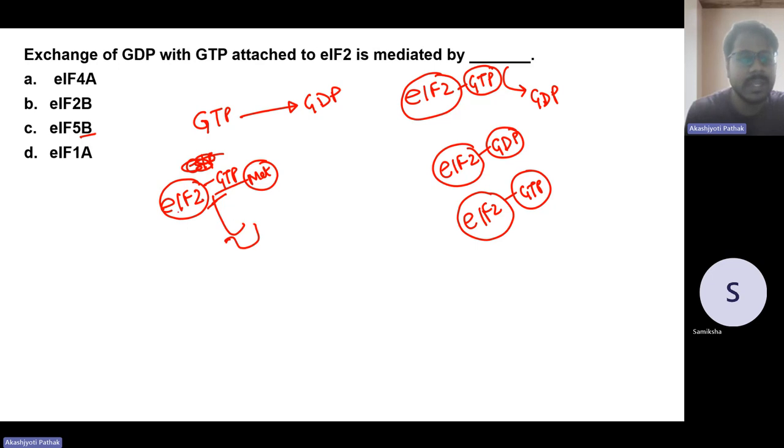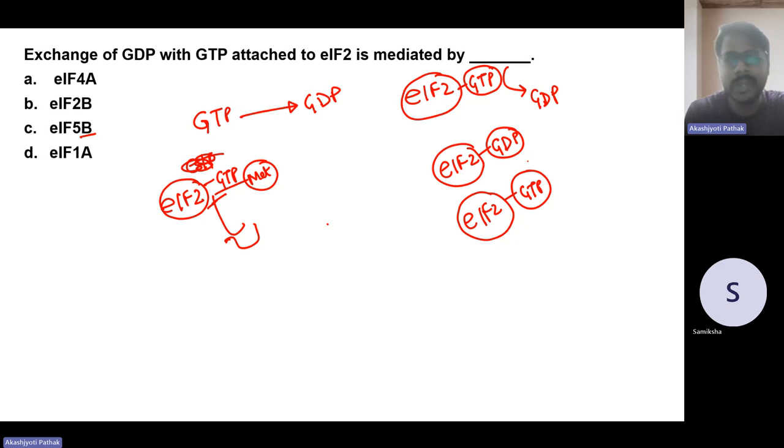So initiation factor 2 brought the initiator tRNA to the P site. Now when the 80S initiation complex has to be formed, this GTP got hydrolyzed to GDP. But again, if another protein has to be synthesized, then this GDP has to be exchanged for GTP.